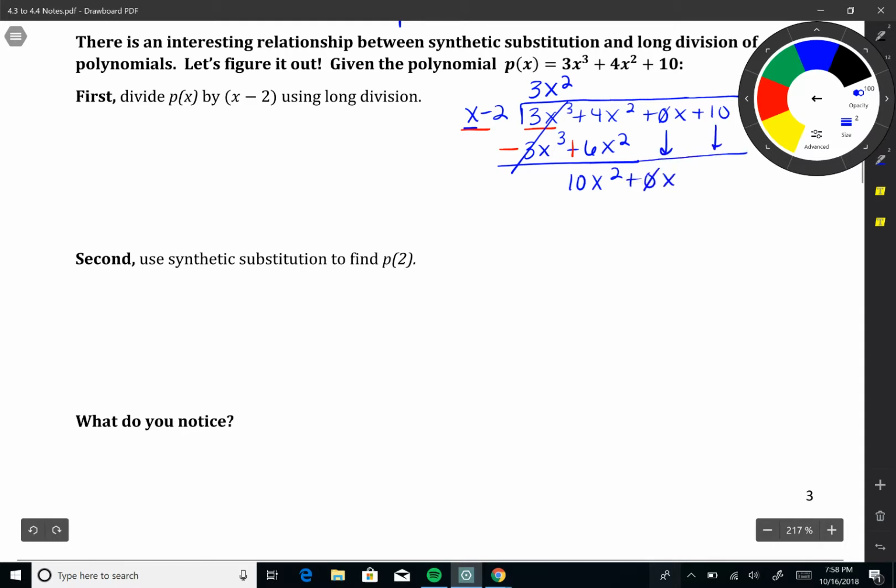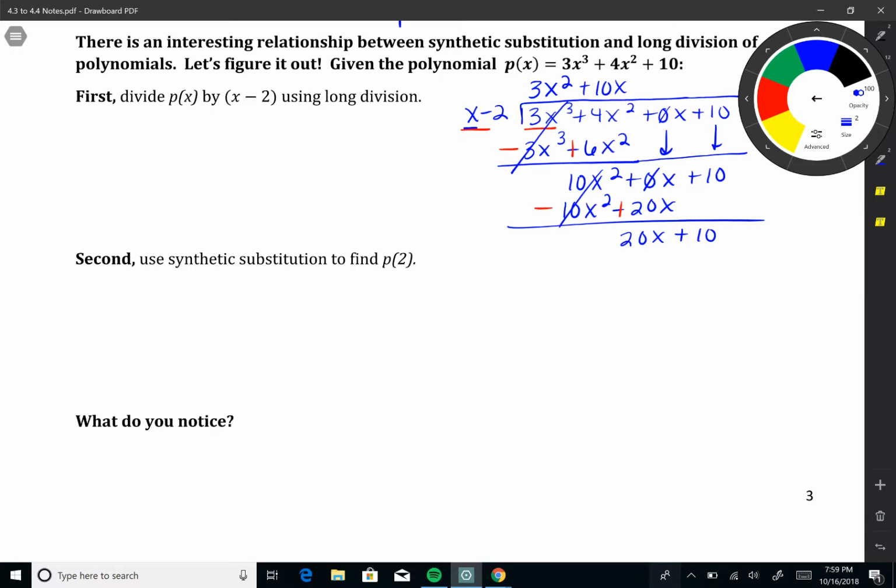Plus 0x plus 10. Okay, what do I multiply times x to get 10x squared? 10x. So that's 10x squared, and 10x times a negative 2 is negative 20x. I subtract these two terms, and my 10x squareds cancel, and I have a positive 20x plus 10.